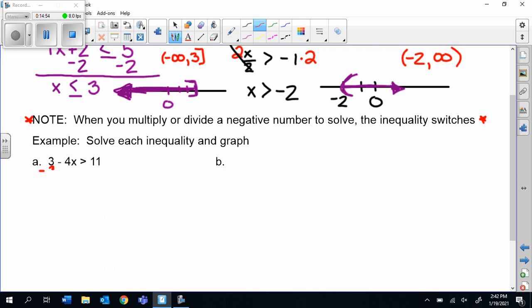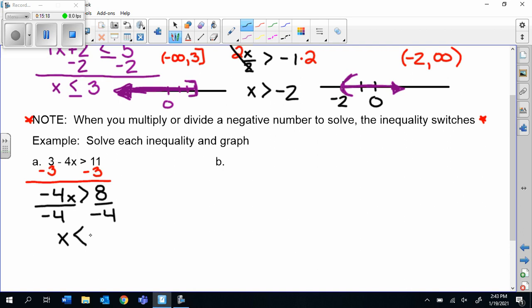Let's take that 3 to the other side. That negative 4x comes straight down. 11 take away 3 is 8. We are dividing by a negative number. So right here, this inequality is going to flip.